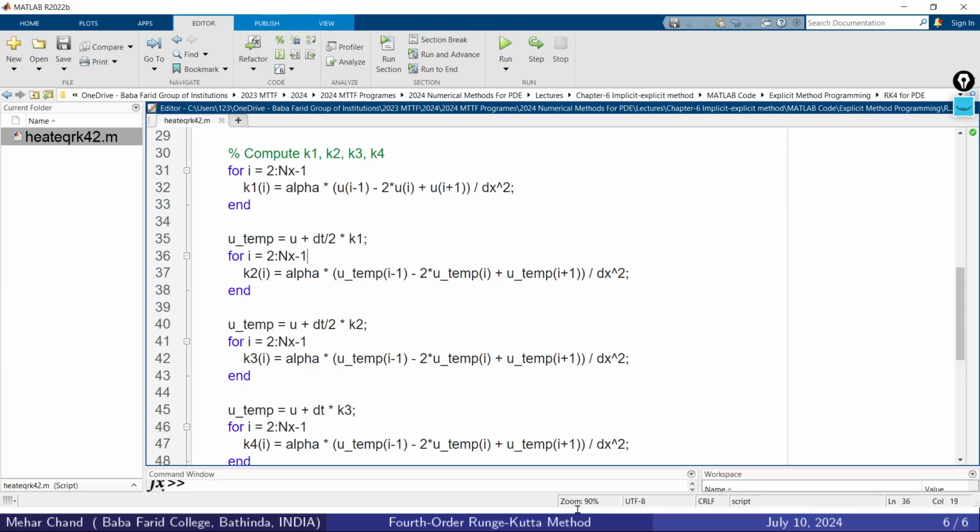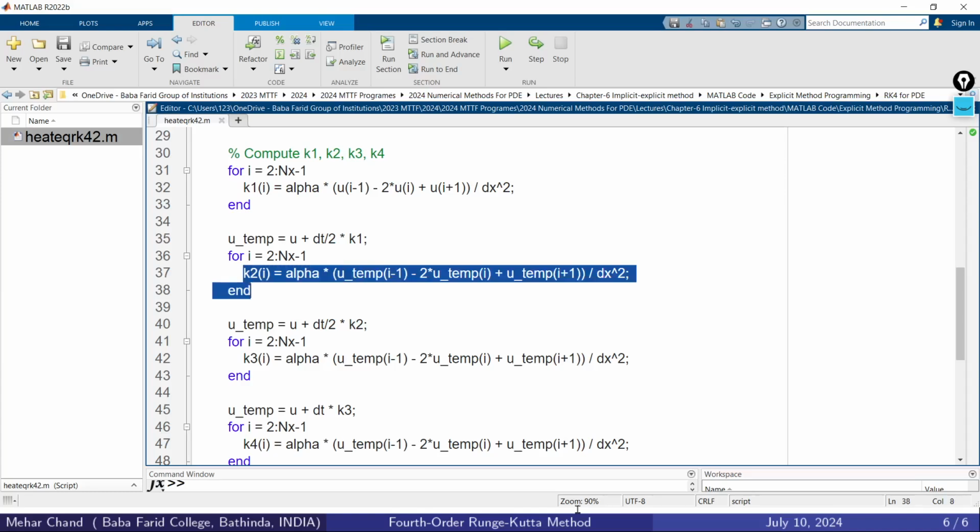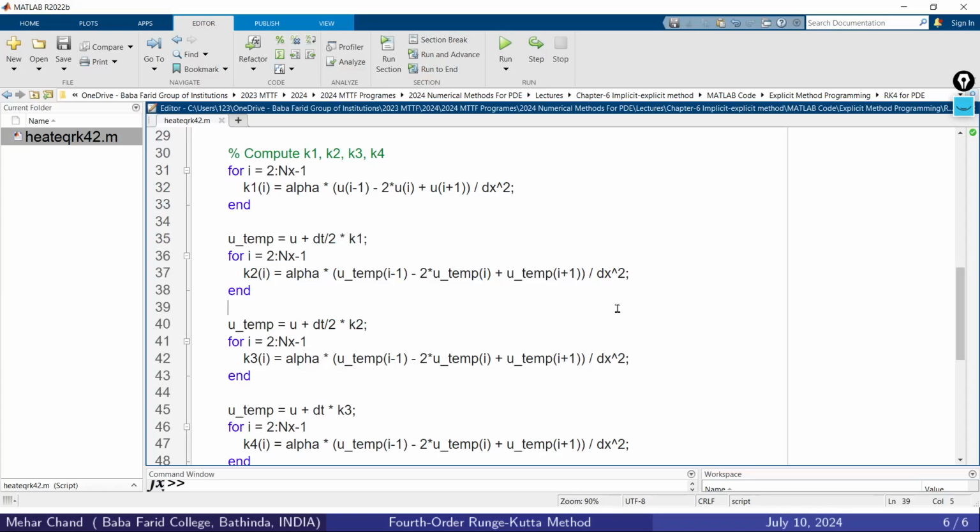So for K2i, note this equation very carefully. K2i is equal to alpha product of u temp i minus 1 minus 2 u temp i plus u temp i plus 1, upon delta x square. This value will be updated at this place for K2i. Now again, the value computed here, we will use to update u temp for K2.